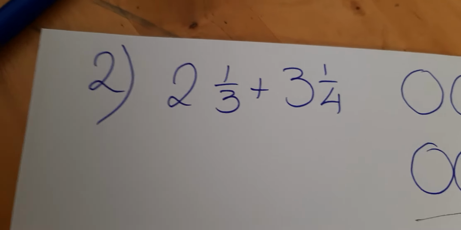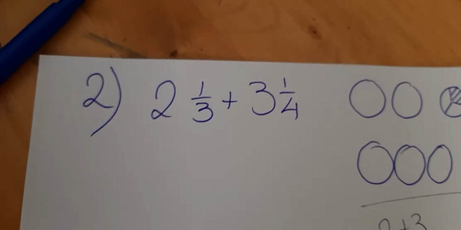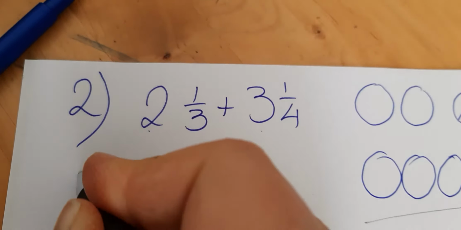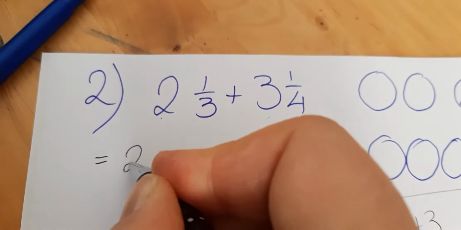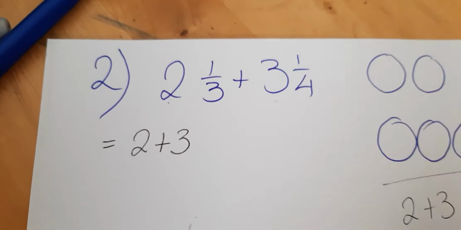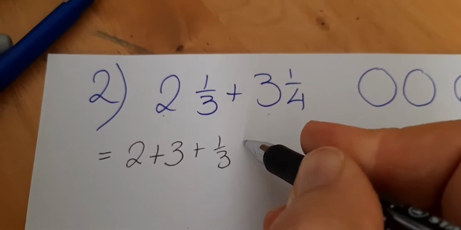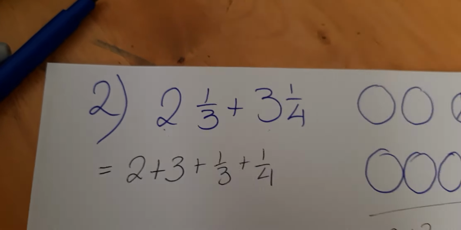Now let's look at that in a form where we're writing rather than drawing diagrams. So we have 2 whole cakes and another 3 whole cakes. So I can just add those together from the start if I like. I can say that's 2 plus 3 whole cakes. And then I have this 1/3 and this 1/4 to add also.